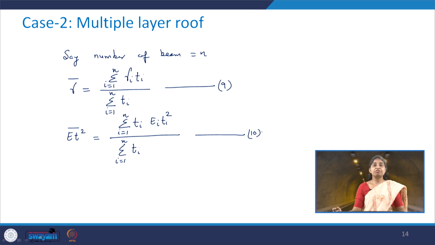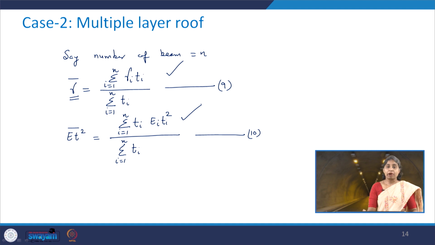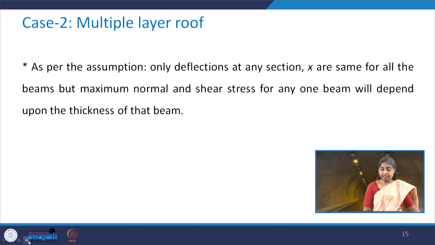So, this is how we can handle any number of beams which are participating in the deformation, and we can find out the weighted average expression for gamma bar and E T square. So, accordingly, as per the assumptions, the only deflections at any section x, they are same for all the beams, but normal and the shear force for each beam will depend upon the thickness of that beam.